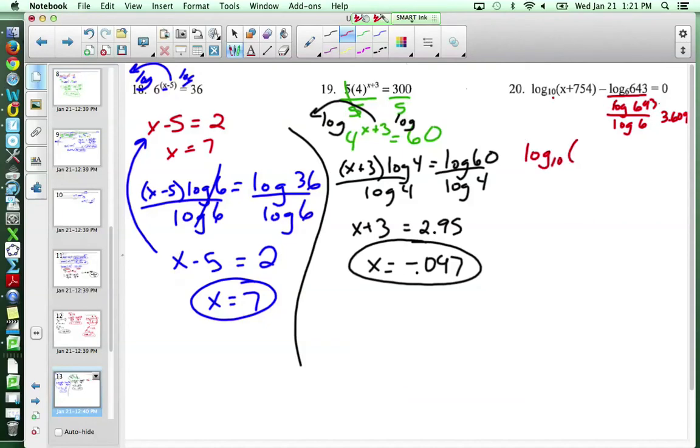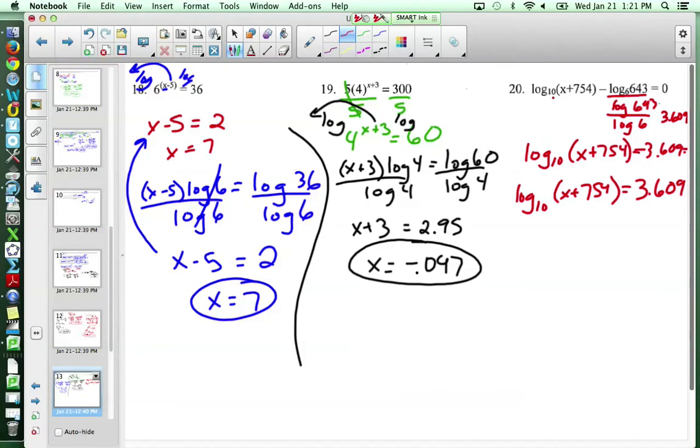So let's rewrite the equation with that number put in. The log base 10 of x plus 754 minus 3.609 equals 0. So let's add the 3.609 to the other side. So we get the log base 10 of x plus 754 is equal to 3.609.